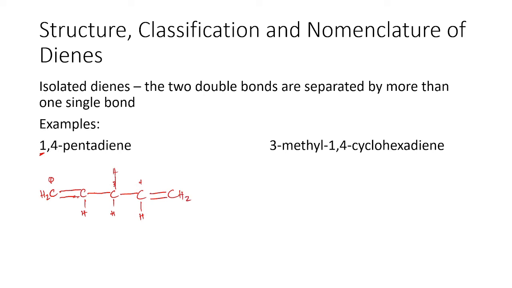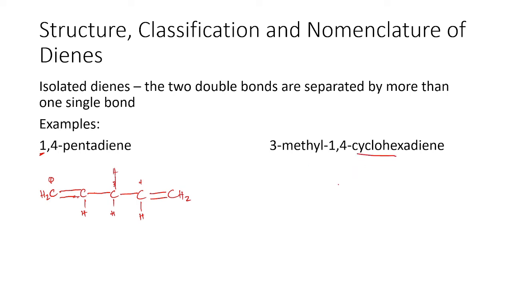Okay, so that is our 1,4-pentadiene. As you may see here, the double bonds are actually separated by two single bonds, making this compound an isolated diene.